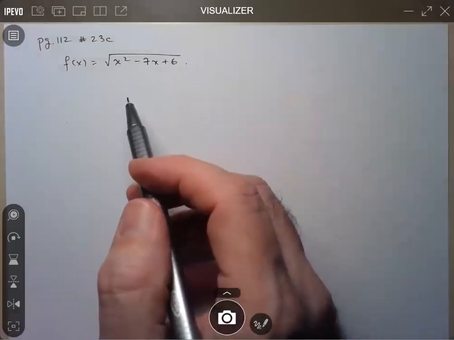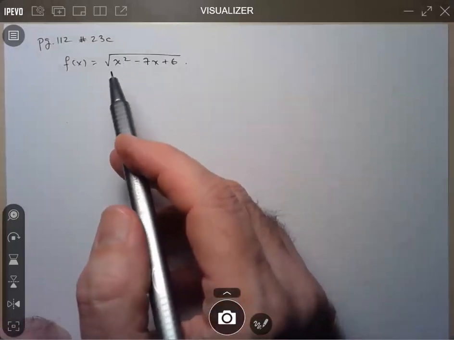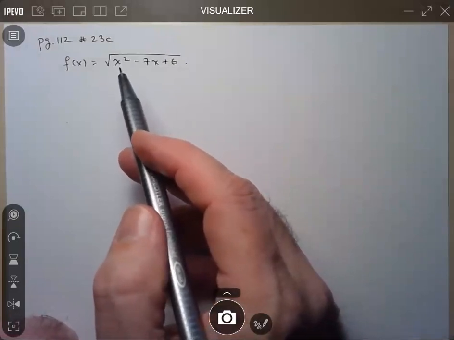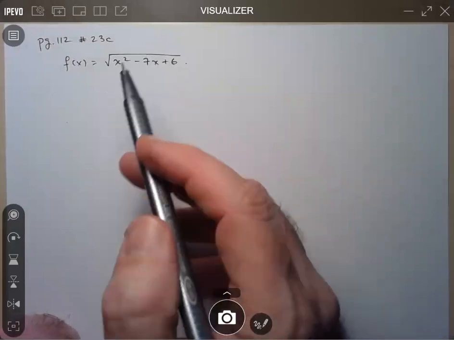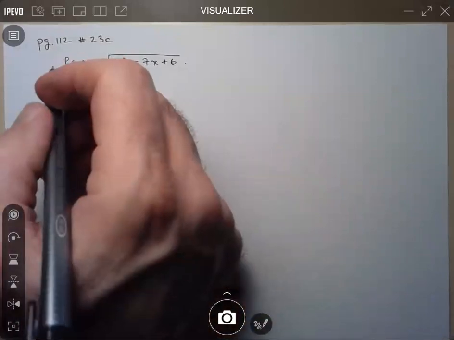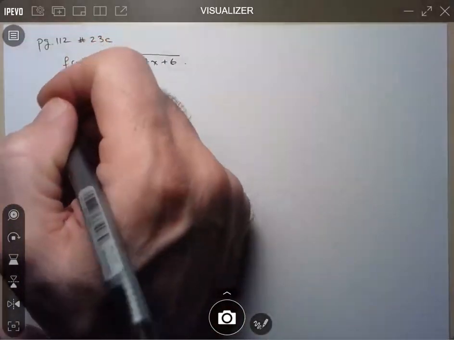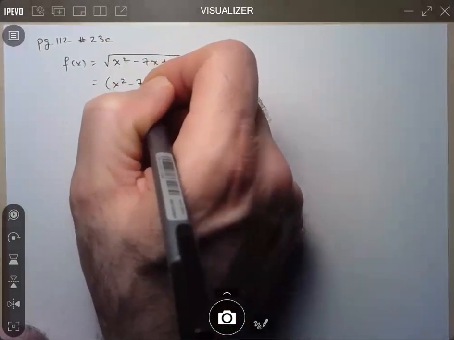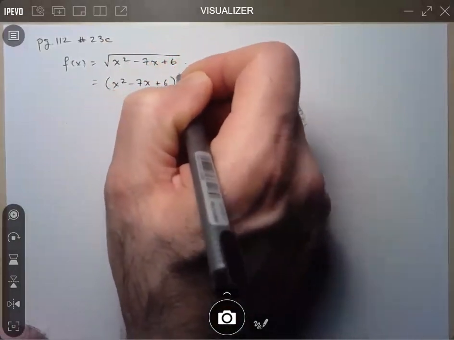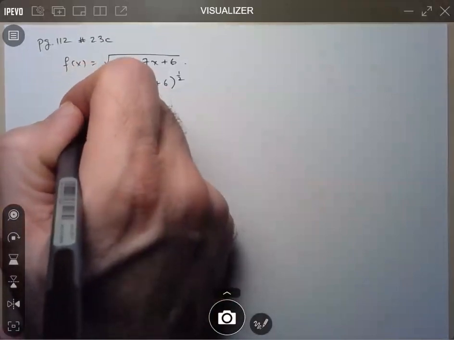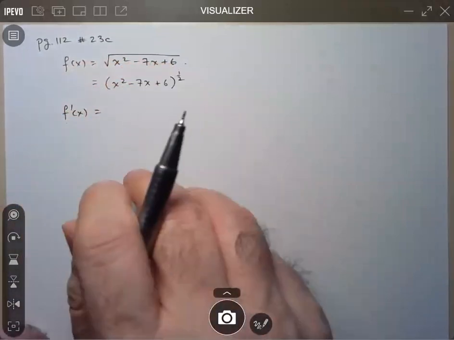This is something we had seen very briefly when we were using the graphs, but we also saw that the derivative function is helpful in telling us where something is not differentiable. So let's actually find the derivative of this function. Of course, I'm going to think of this as x squared minus 7x plus 6 all to the 1/2, so that when I take the derivative, it's a lot easier to see.